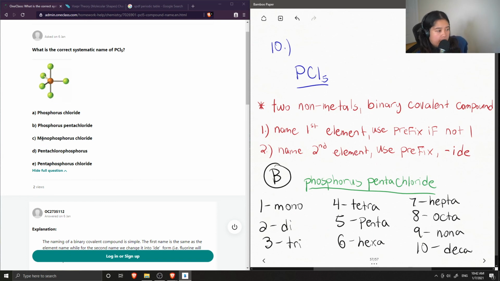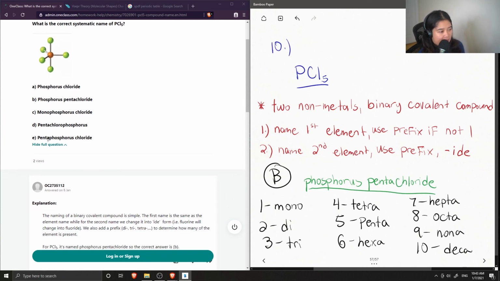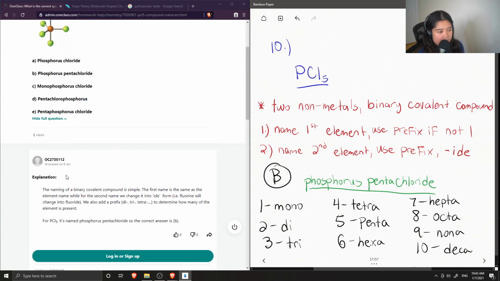This is incorrect since the prefix is on the first element instead of the second. Pentachlorophosphorus is incorrect as well. Pentaphosphorus chloride is also incorrect because that's saying we have 5 phosphorus and 1 chlorine. So that's incorrect as well. So the correct answer was B.